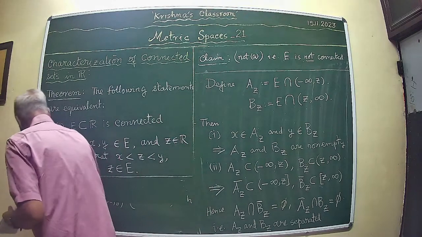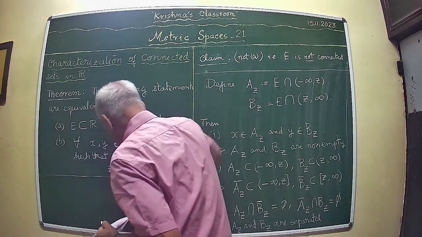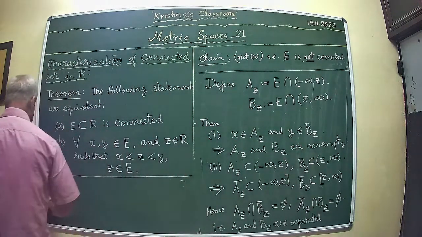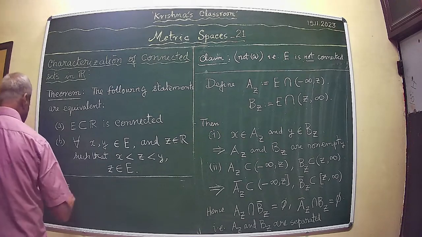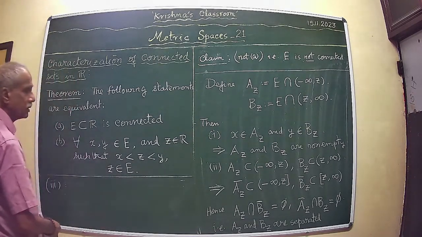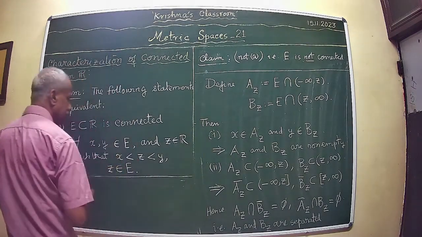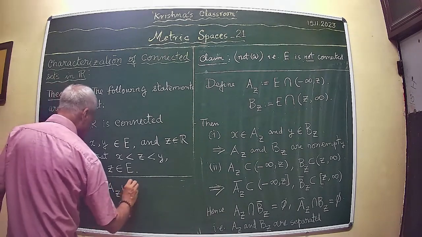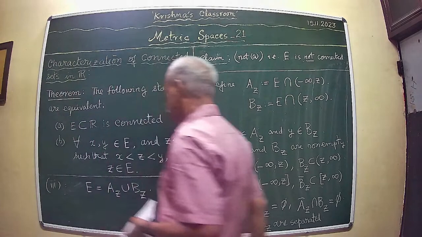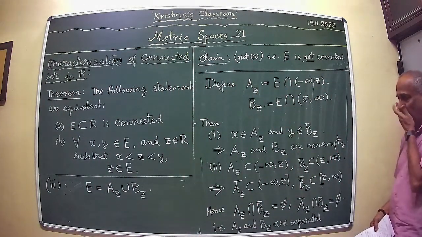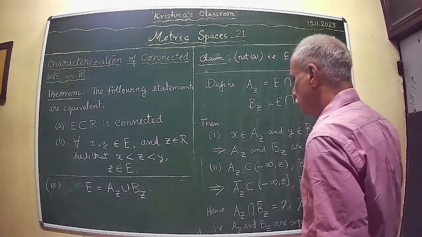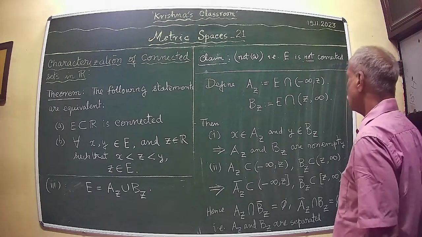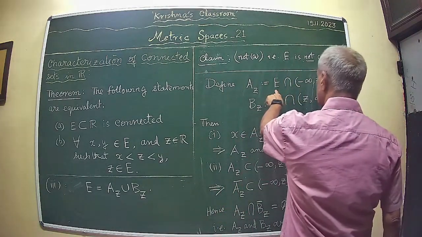Now let me work on the next observation. The third observation is that E is equal to A_z union B_z. So look at the definition of A_z and B_z.